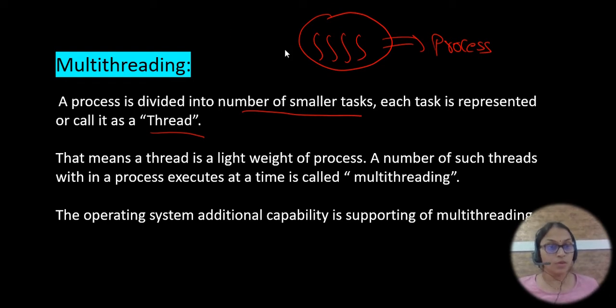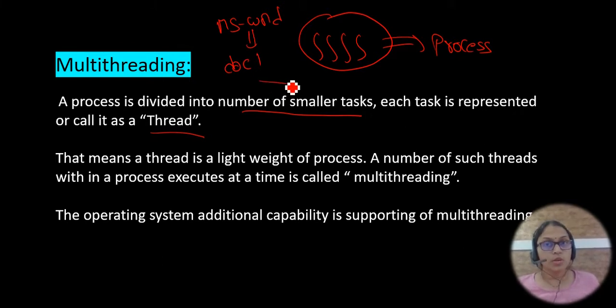In the previous video I took an example like MS Word. In MS Word you open a document and perform different operations: you write statements, highlight text, and use the spell check. These are all different threads.